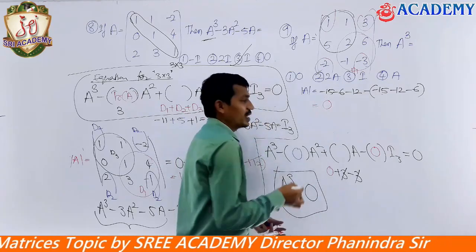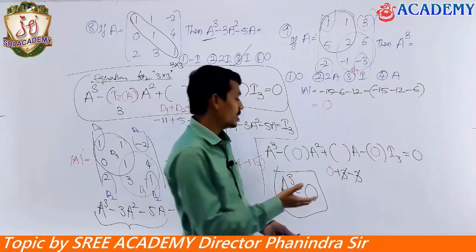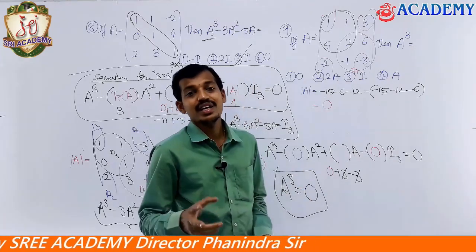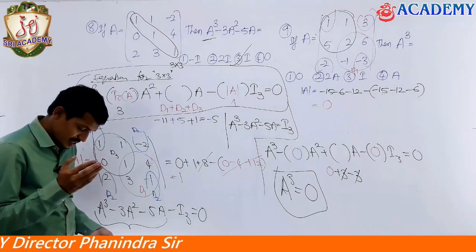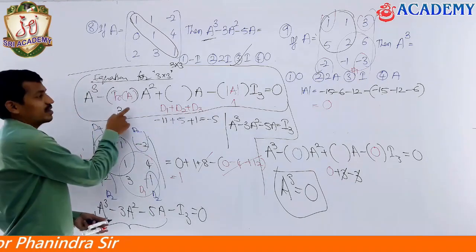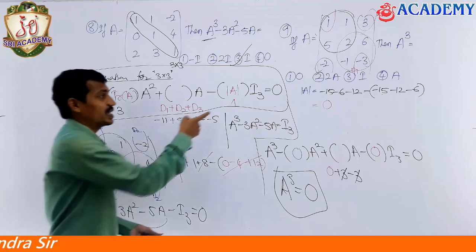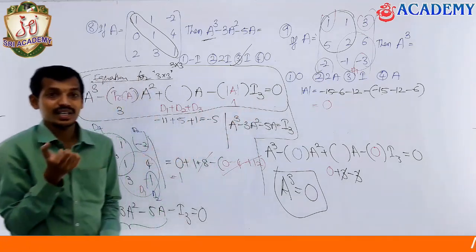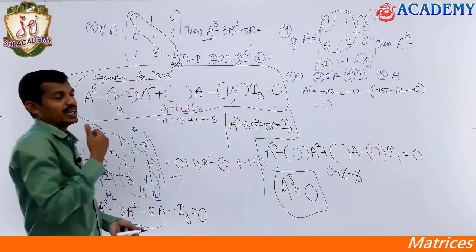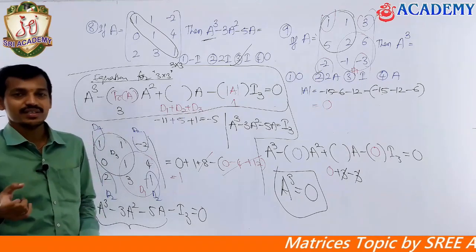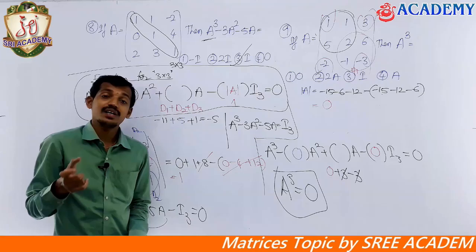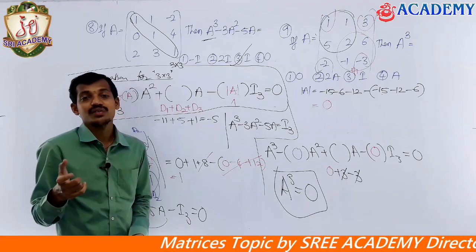If you find A cube by the procedure also, you will get the null matrix. That is, if you multiply A 3 times, you will get the null matrix. This is the equation for a 3 by 3 matrix. You have to remember that it is equal to the null matrix. For any 2 by 2 matrix also, the equation is A square minus trace of A into A plus determinant of A into I of order 2 equal to null matrix.